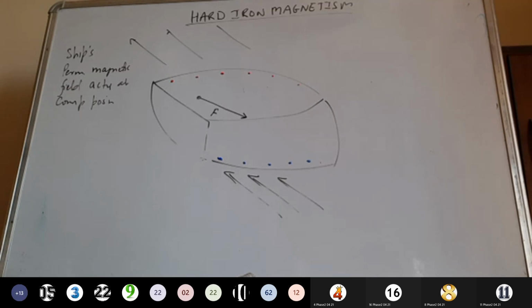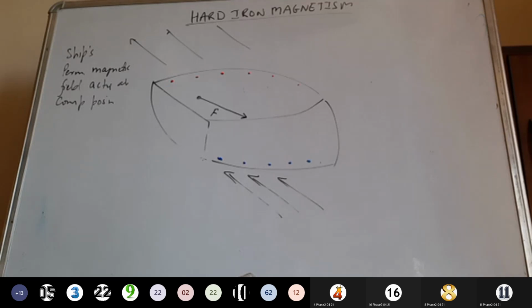Now, what we have to do is this: can we measure this force F? No. Can we correct it? No. So we have to resolve this force F in such a way that we are able to find out the deviation caused by it, and also correct the deviation caused by these forces.